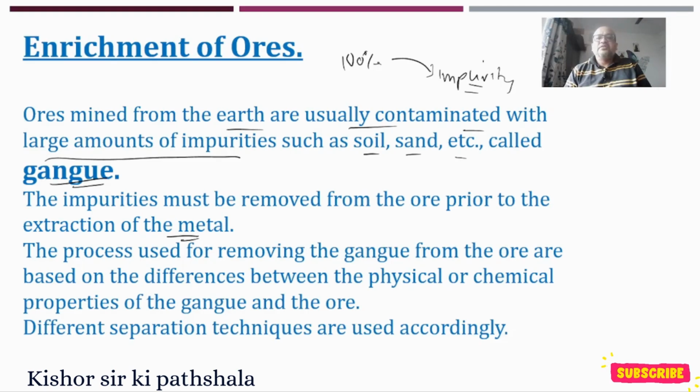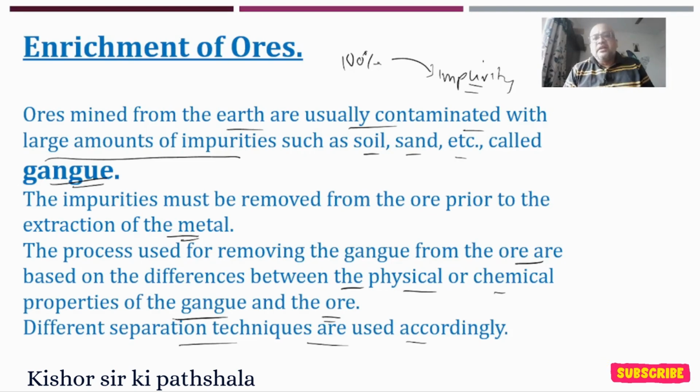There are various methods to remove this gangue. The processes used for removing the gangue from the ore are based on the physical and chemical properties of the gangue and the ore. So different separation techniques are used accordingly.